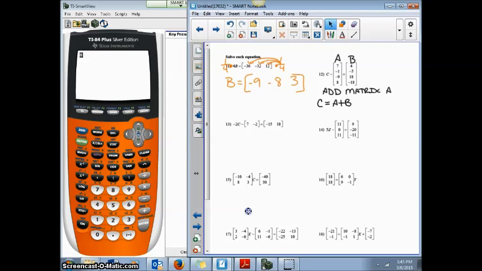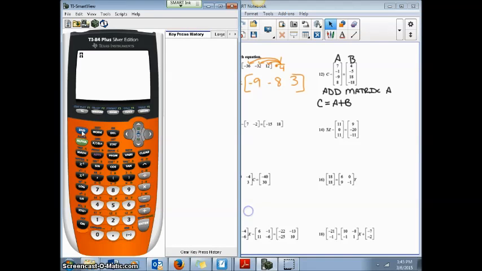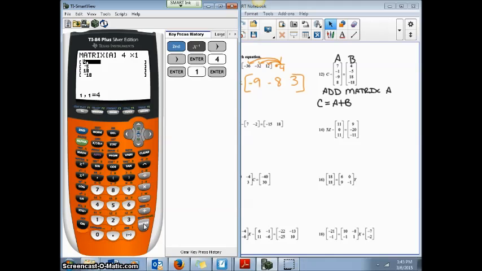Okay, so when we enter it in our calculator, we're going to edit A, and we're going to make sure that it is a 4 by 1, which I already had in there, and it is 7, -1, -9, and 8.